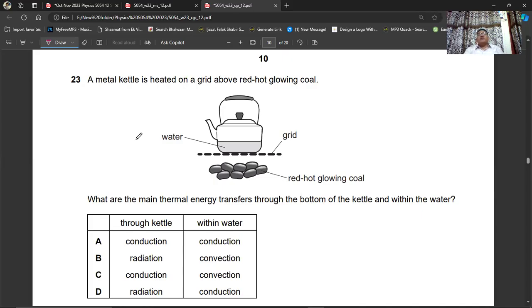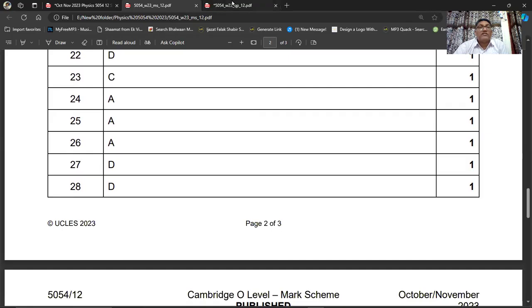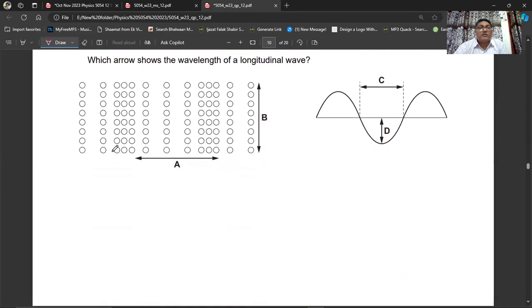And in the water, with the help of convection, the energy is transferred. So through the kettle, conduction, and through the water, convection. I think C looks the best answer. Question number 23, C is the right option, sir.